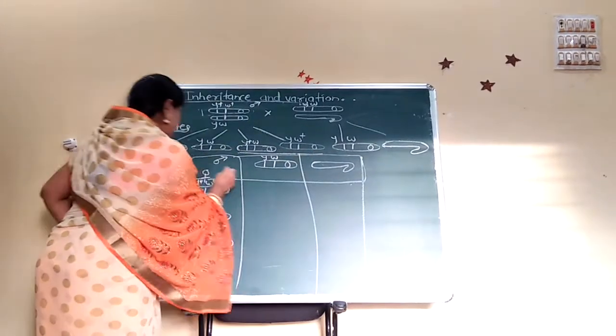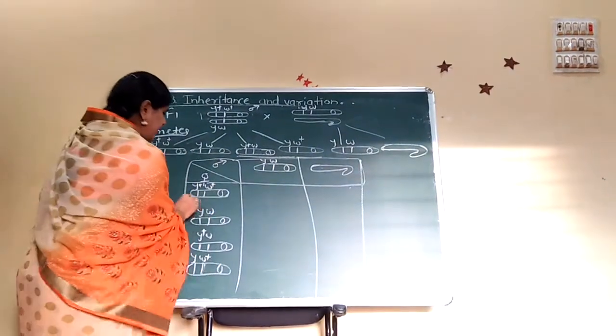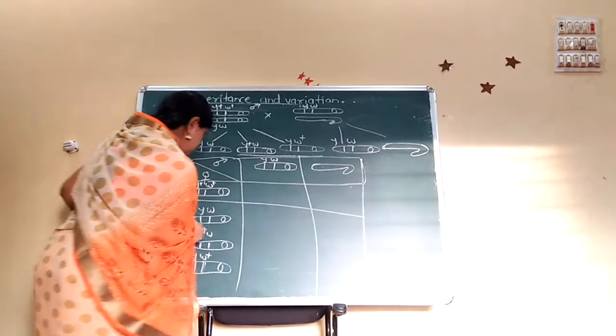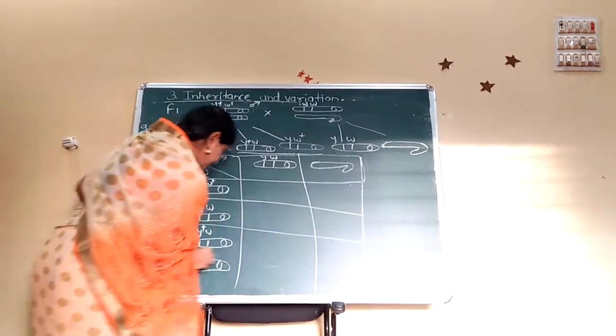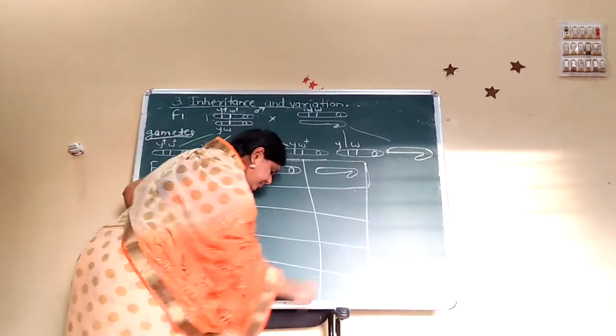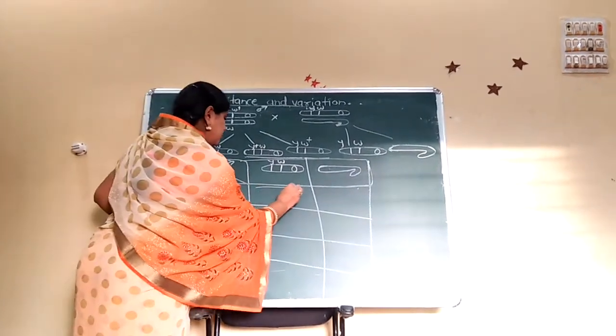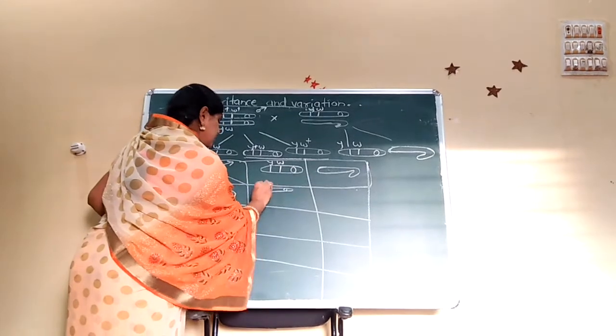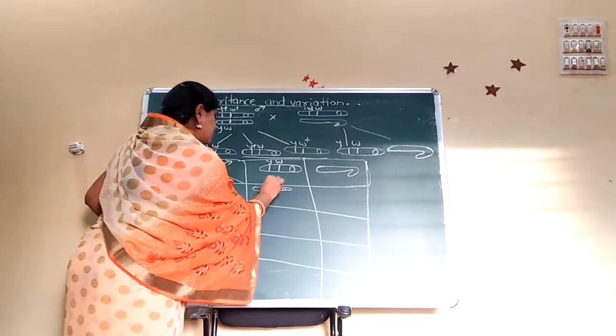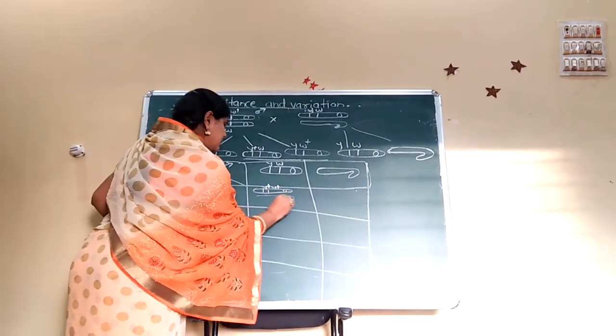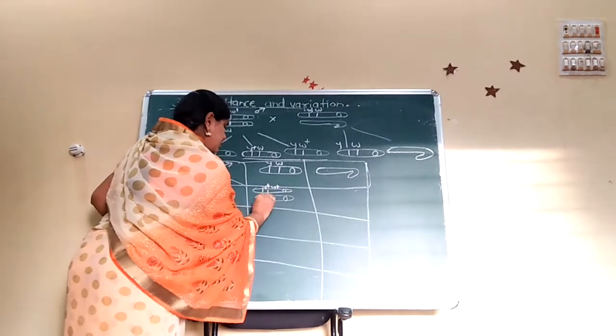then what will be the progeny here? When these gametes fused with these gametes, here Y plus W plus.